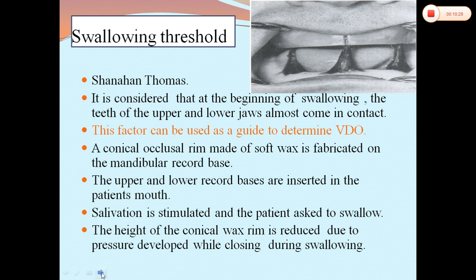Conical occlusal rims made of soft wax are fabricated on the mandibular record base. The upper and lower record bases are inserted in the patient's mouth. Salivation is stimulated and the patient is asked to swallow. The height of the conical wax rims is reduced due to the pressure developed while closing during swallowing.